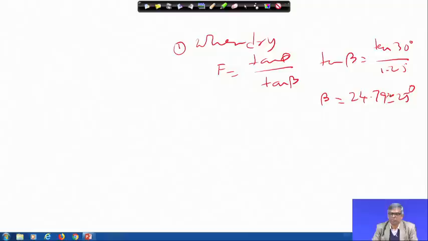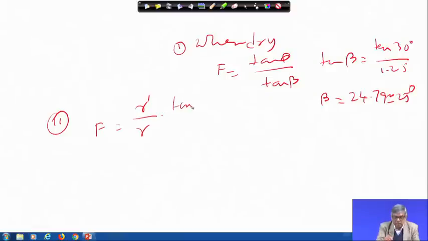This is a very straightforward application. Whereas in the second case, when flow is taking place parallel to the sloping surface, your F equals γ submerged by γ multiplied by tan φ by tan β.